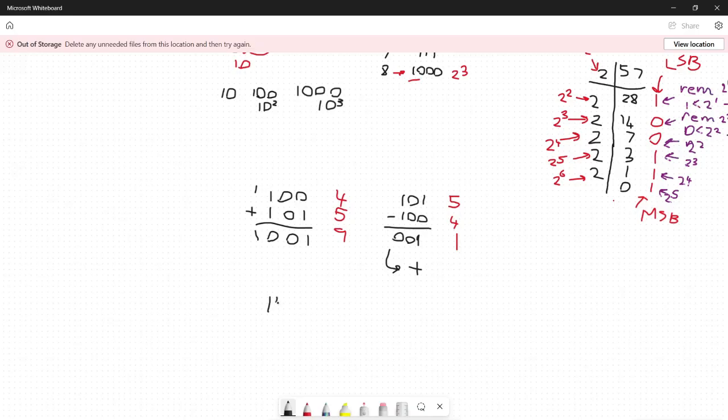Ones complement basically takes the number we are minusing by, so 100, which is 4, and changes it by flipping each bit. What that means is we're going to swap the bits around. We make each 1 a 0 and each 0 a 1.